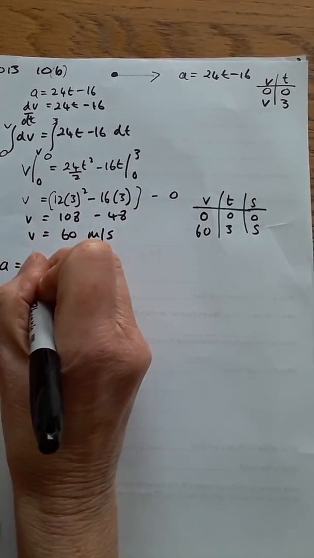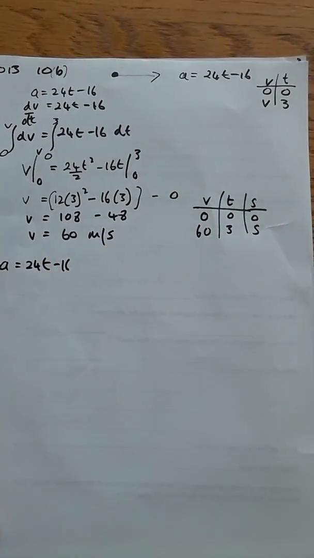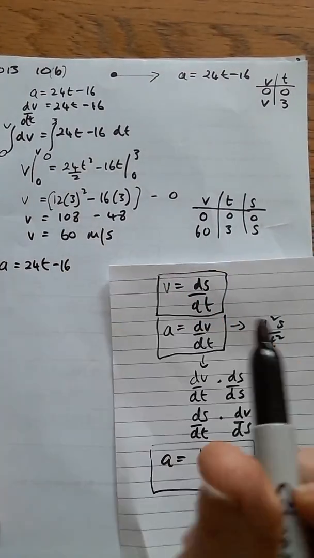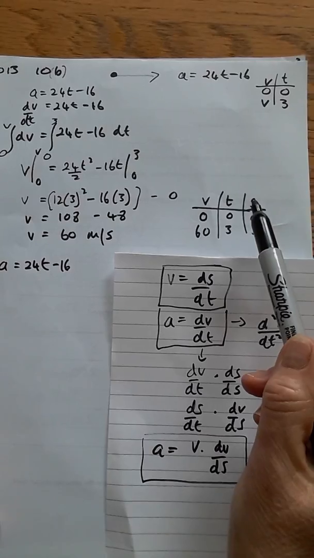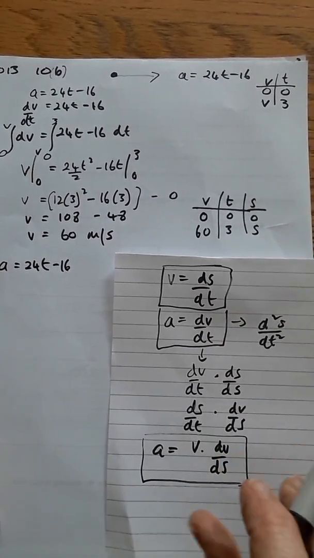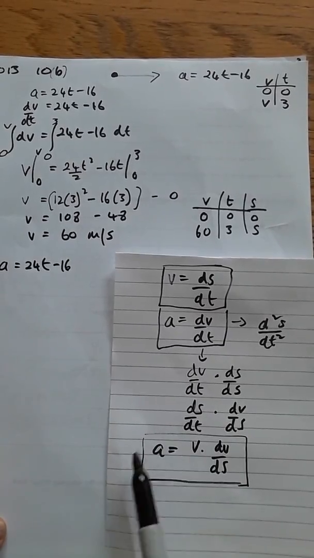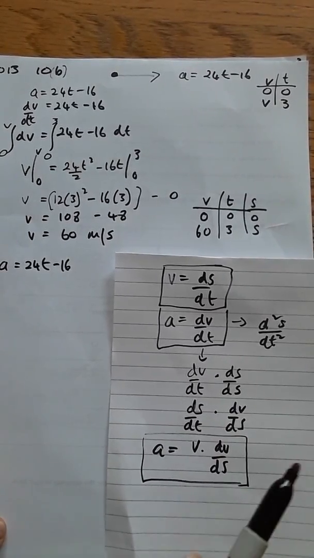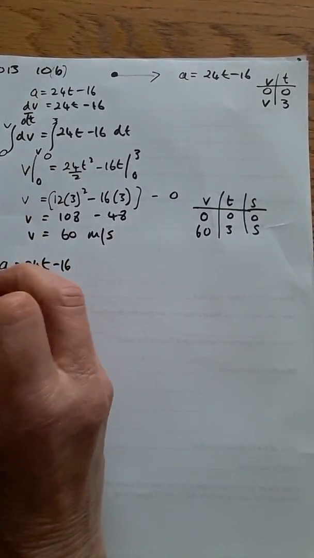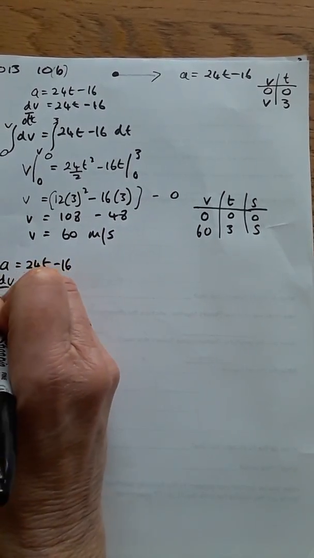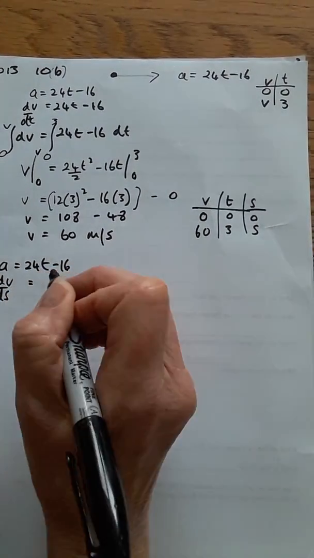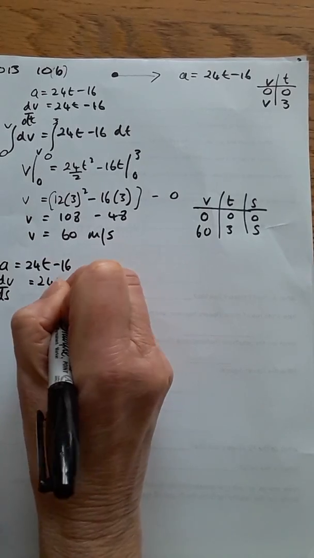A is equal to 24t minus 16. I'm going to decide in this particular case if I'm looking for s, which expression will I use if I want to get these variables in? So obviously this is the best one here. So instead of a this time, I'm going to put in v dv ds, and that's equal to 24t minus 16.